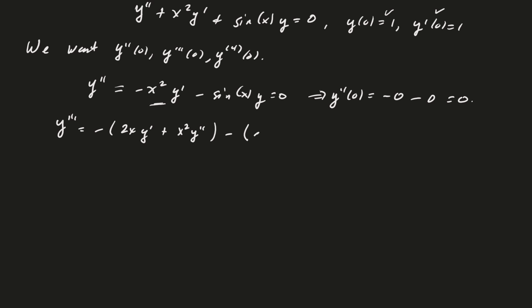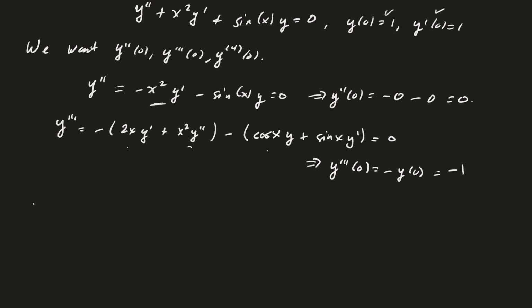So that's going to be cosine of x y plus sine of x y prime equals 0. Good. And then we look for y triple prime of 0. 0, 0, minus y of 0, right? And so y triple prime of 0 then will be minus 1, it looks like.